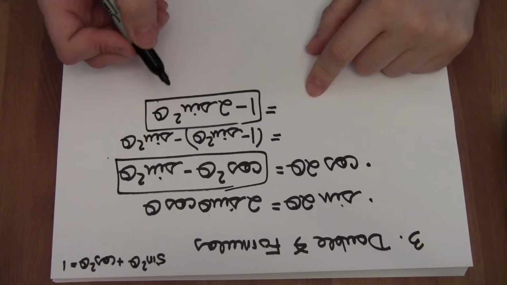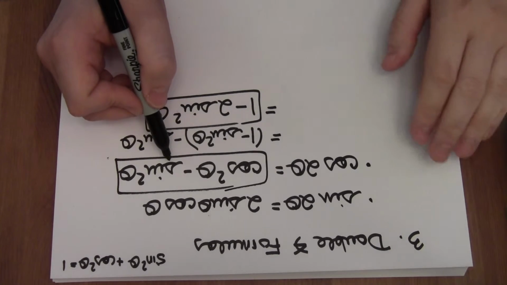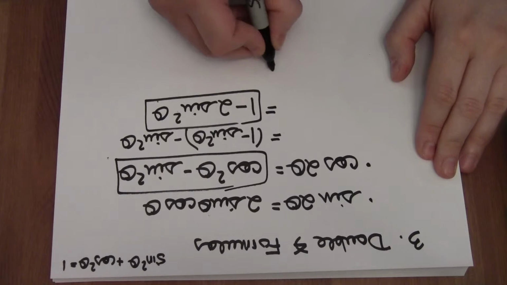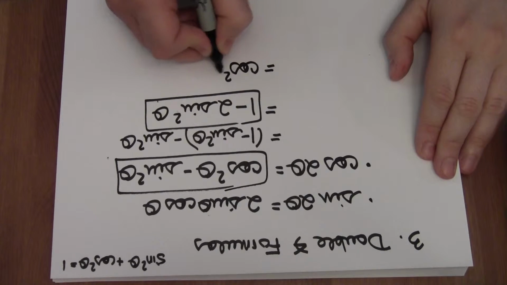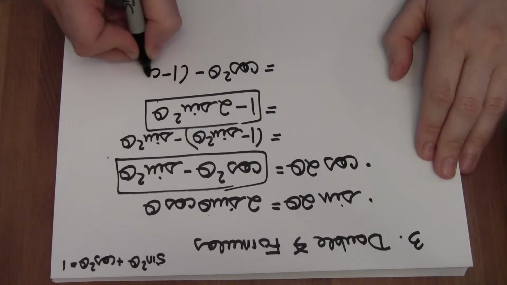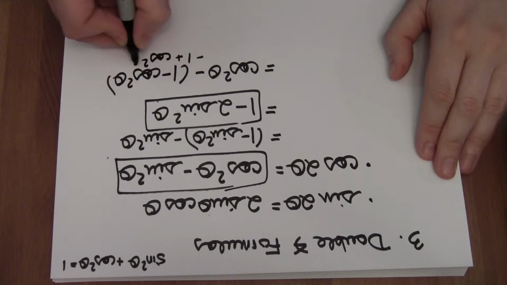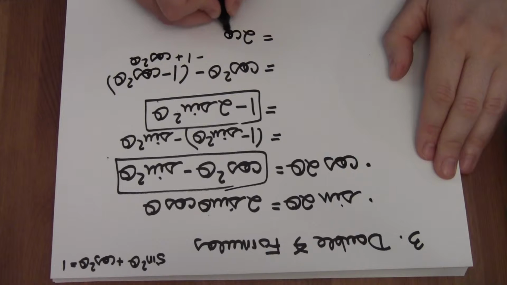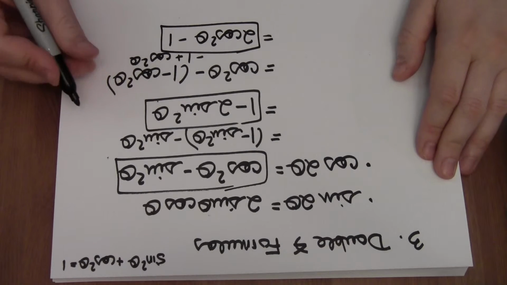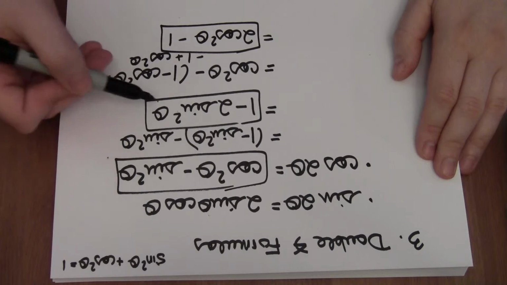We can now do the same by replacing the sine squared theta in the original with 1 minus cosine squared theta. So cosine squared theta minus, 1 minus cosine squared theta. You'll go and distribute your negative. And our other version is 2 cosine squared theta minus 1. The cosine of 2 theta equals all three of these versions.